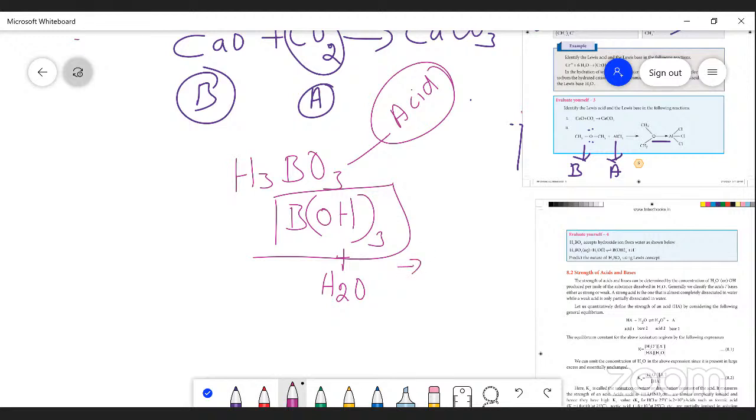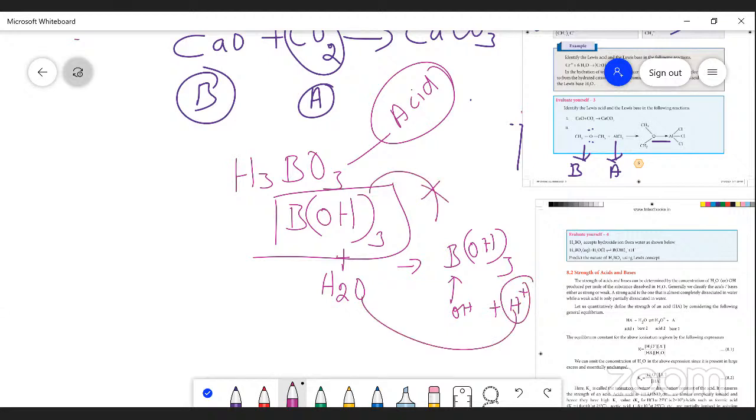You get the reaction like this: B(OH)4 minus plus H plus. The H plus comes from water, not from this. The substance which releases H plus is an acid.